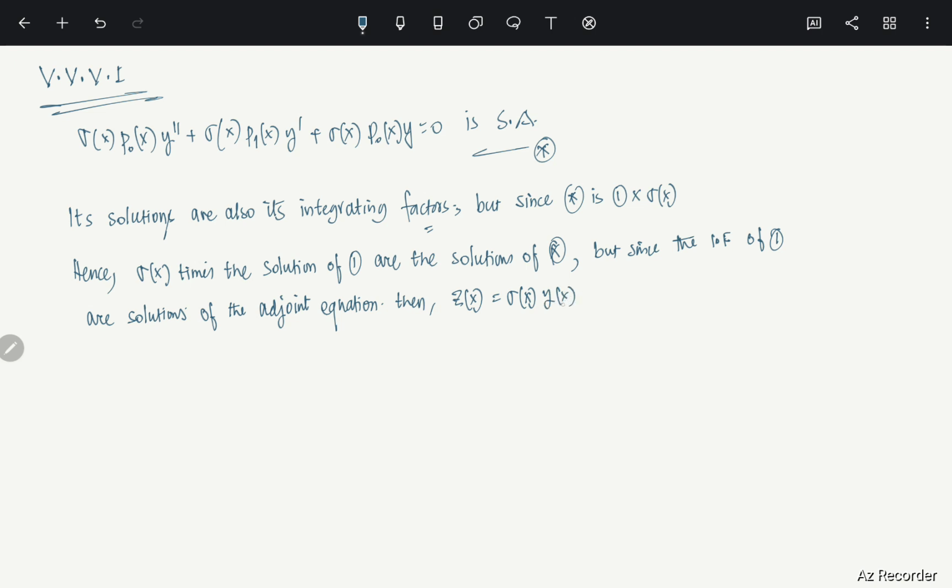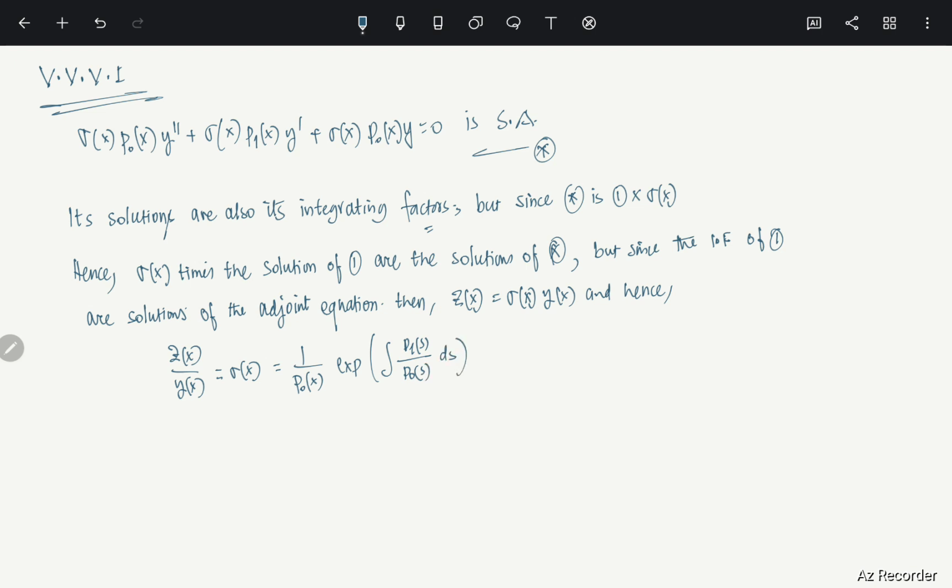Fine, and hence z of x by y of x is nothing but sigma x, which is again given by 1 by p naught of x times exponential of integral p1 of s by p naught of s ds.